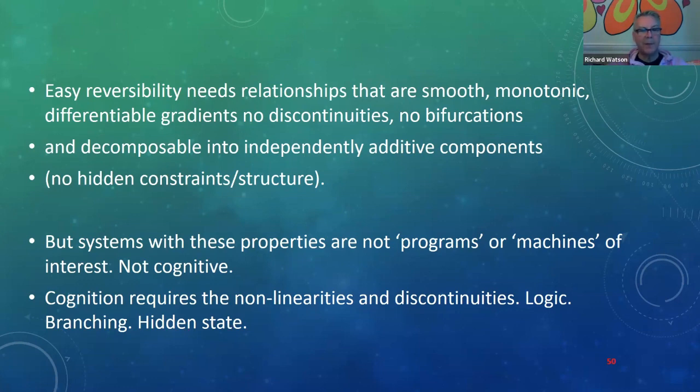But systems that have those smooth properties aren't programs. They aren't machines of the kind that we're interested in, the cognitive ones. Cognition requires those nonlinearities and discontinuities so that you can do logical reasoning, so that we can do conditional branching, so that we can hold hidden state. And systems like that aren't easily reversible.